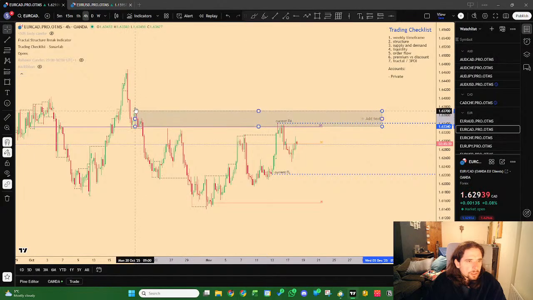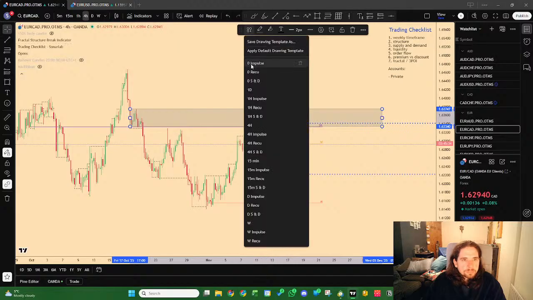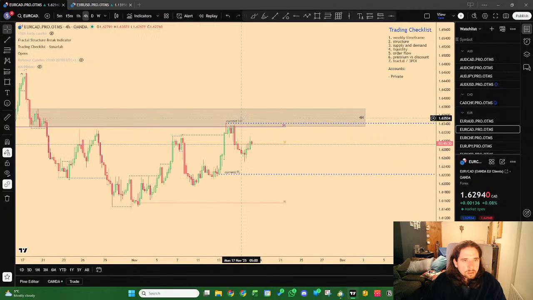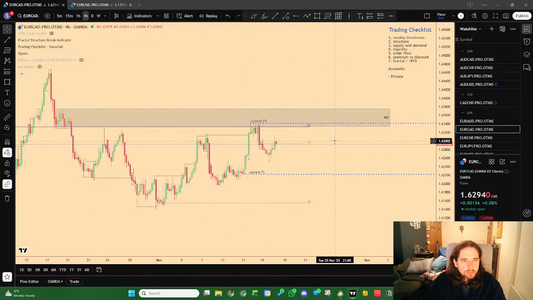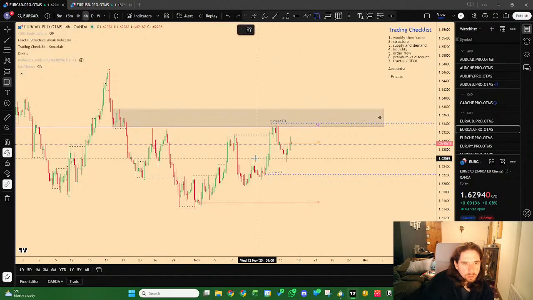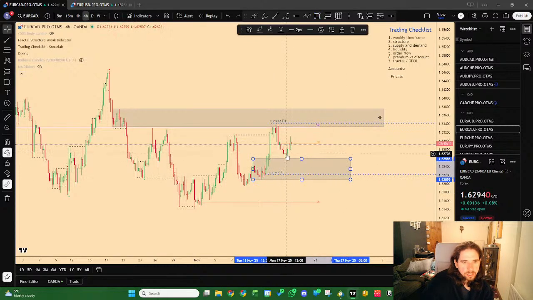You could call this whole thing the area of supply. So we tapped into there, and now we've gone back down to this area of demand here. And we tapped into that, and now we're looking to go back up.